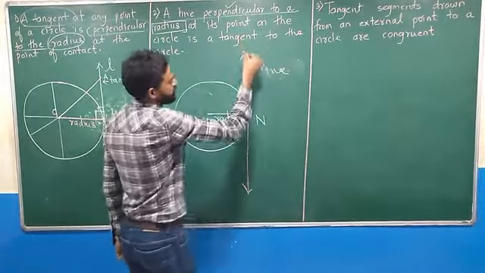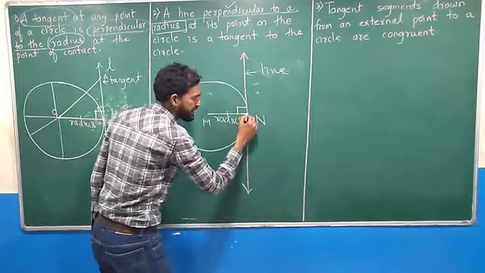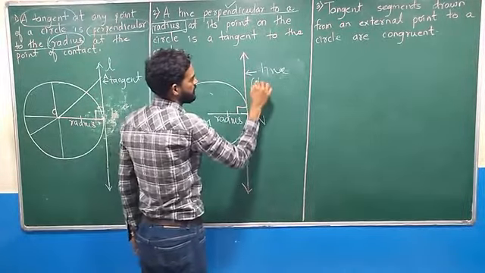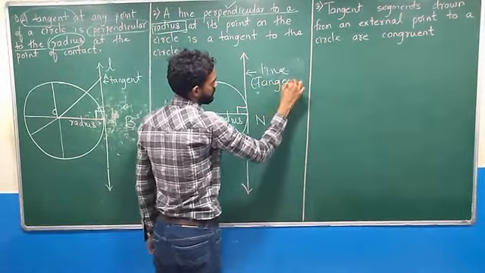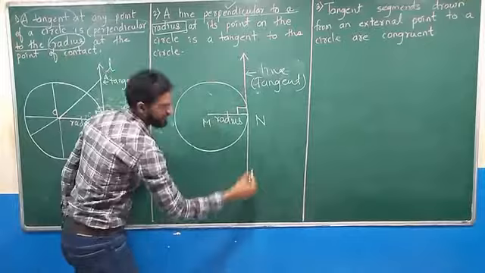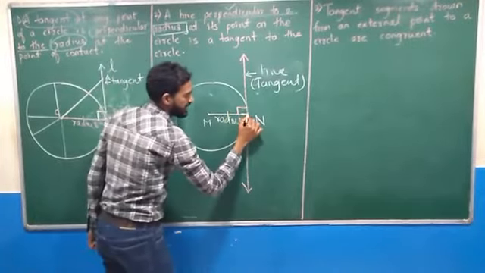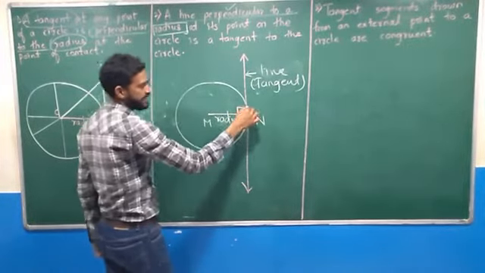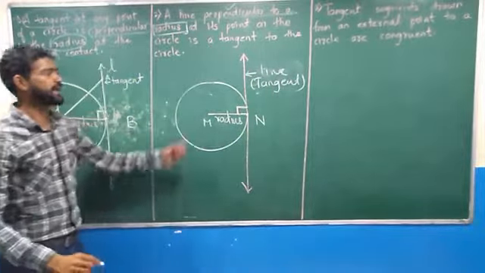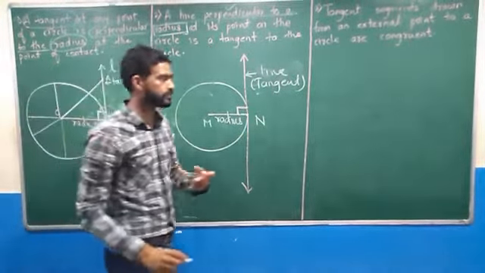So a line that is perpendicular to the radius at the point of contact becomes a tangent. Clear everyone? So that is my second property.